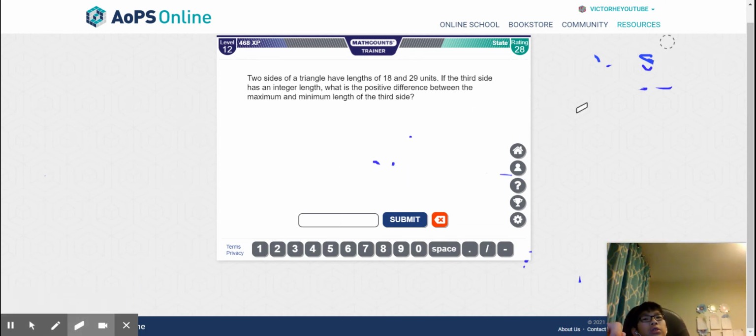Okay, so two sides of a triangle. Okay, this is just the triangle inequality theorem. The triangle inequality theorem is where A plus B has to be more than C. So like if there's a triangle with side lengths 1 and 2, the third length cannot be 3 because 1 plus 2 is not more than 3.